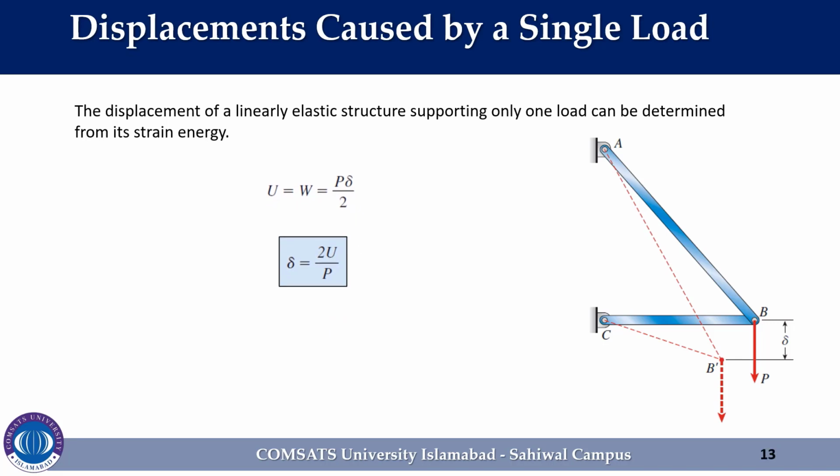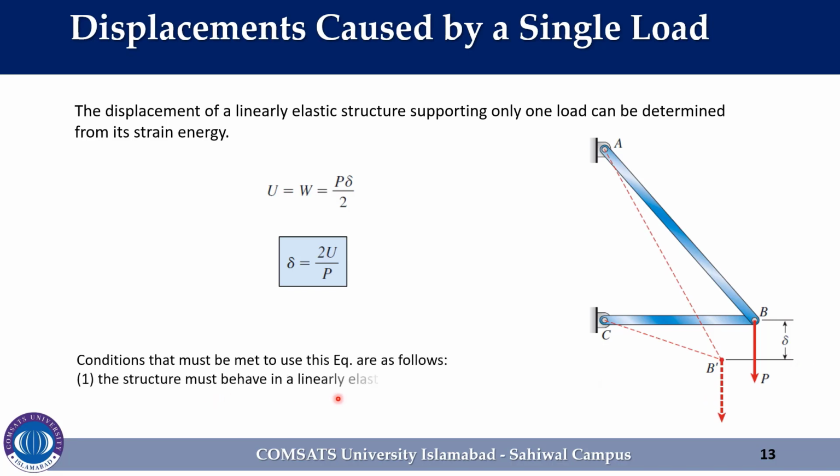This equation shows that under certain special conditions, the displacement of a structure can be determined directly from the strain energy. The conditions that must be met in order to use this equation are as follows. The structure must behave in a linearly elastic manner and only one load may act on the structure.